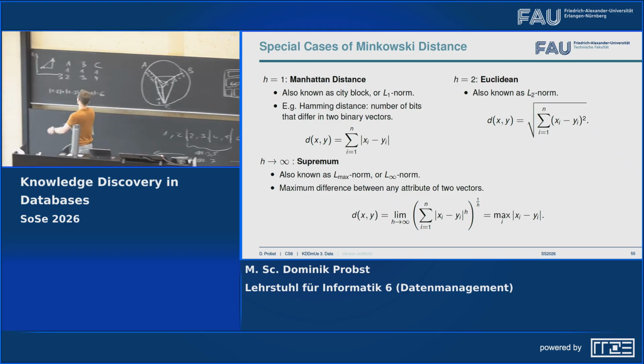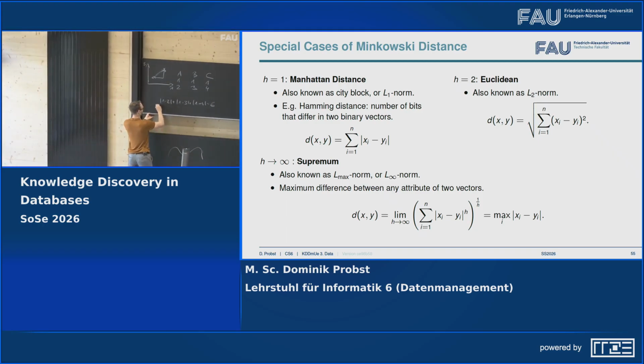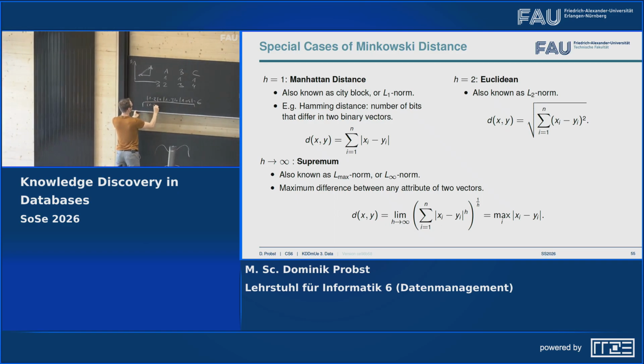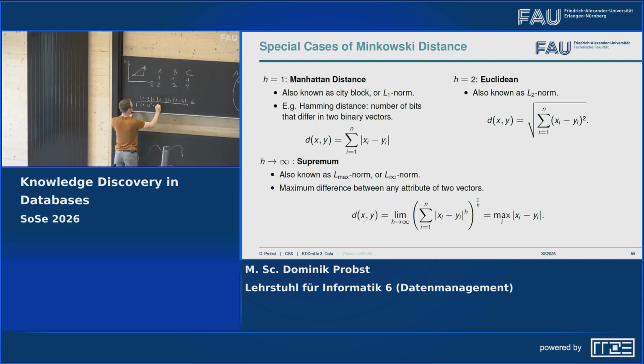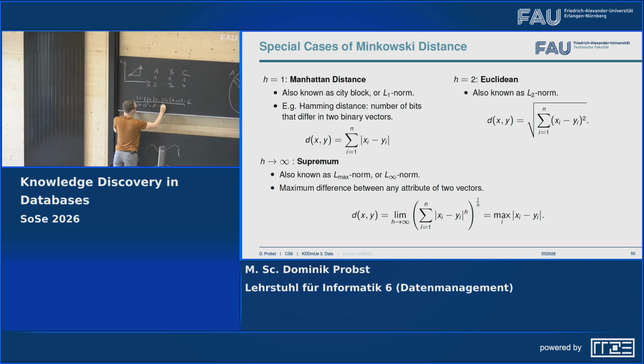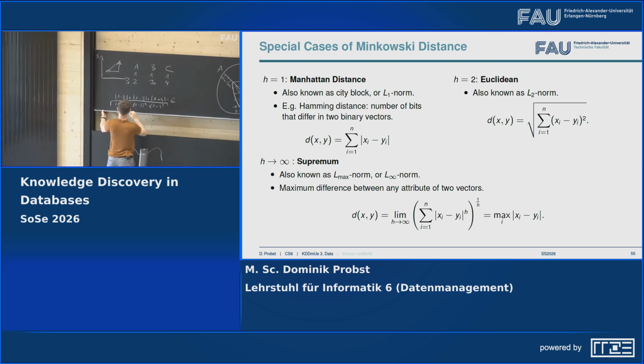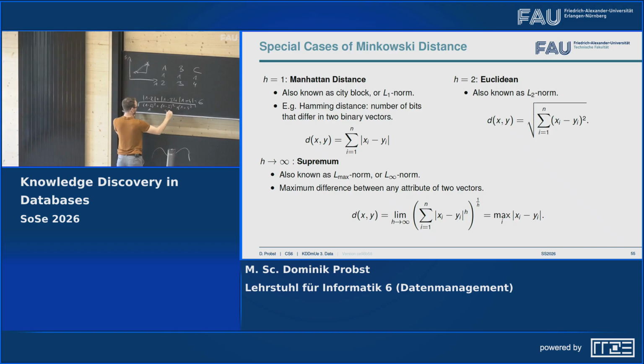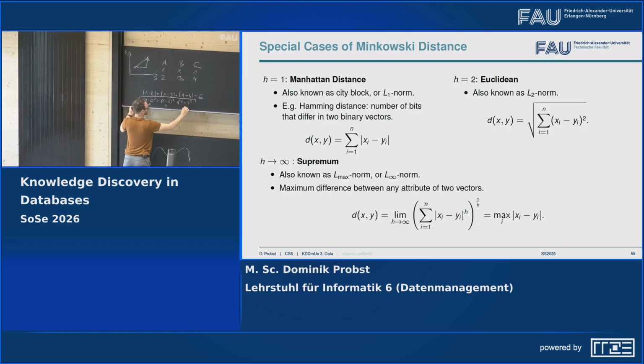So in this case, we would have something like this here, 1 minus 2 squared plus 1 minus 3 squared plus 1 minus 4 squared, which is, in this case, 1, 4, 9.